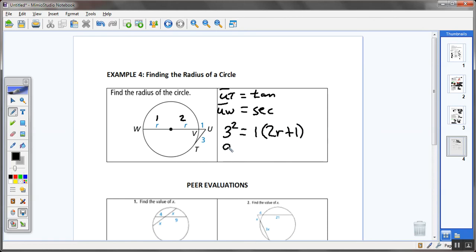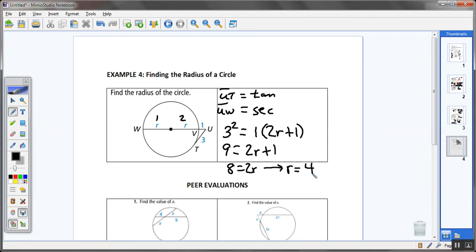3 squared, my friends, is 9. 1 times that quantity, 2r plus 1, is 2r plus 1. We simply two-step our way through this to find r now. I would have 8 equals 2r, in which case my radius is 4.